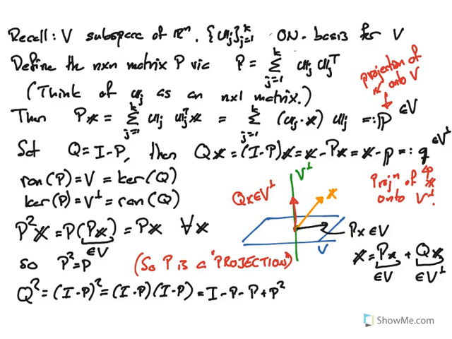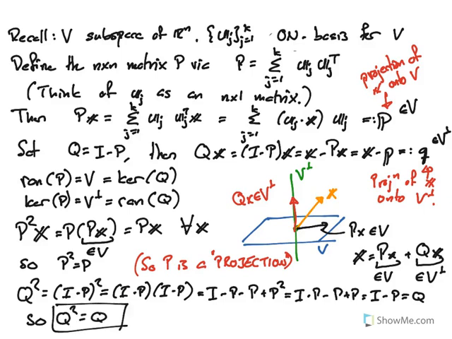I multiply the terms together, I get 4 terms. Now P squared is equal to P, so this is just I minus P, which is Q. So Q squared is equal to Q as well. Right, so both P and Q are projections. They are what's called complementary projections.